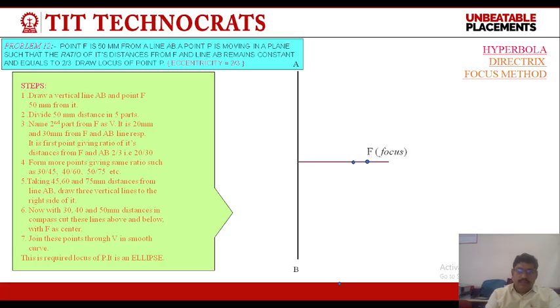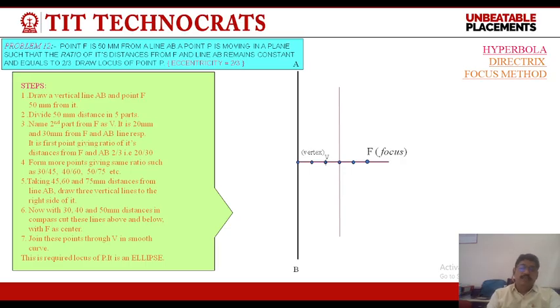Now this is the directrix focus method, or we can say the general method. Draw a line, the directrix, and a horizontal line on which we find the focus at a distance of 50 mm from it, and the eccentricity is 2 by 3, so the sum of 2 plus 3 is equal to 5.